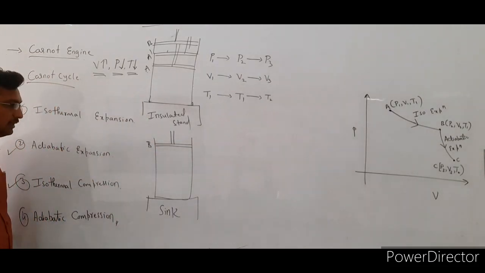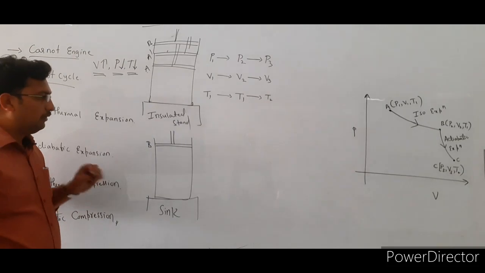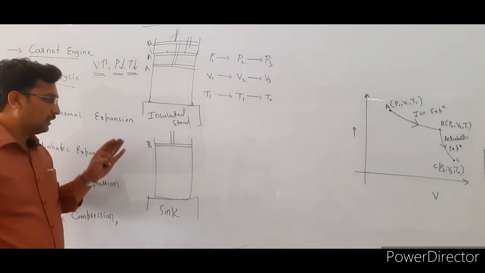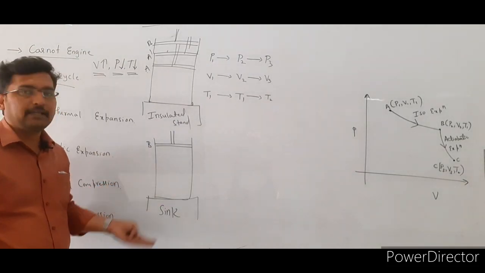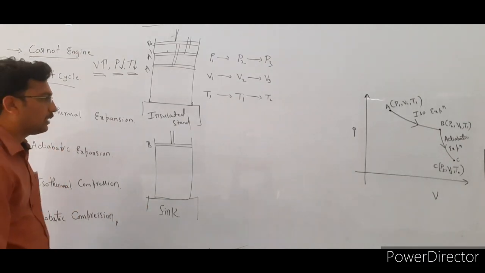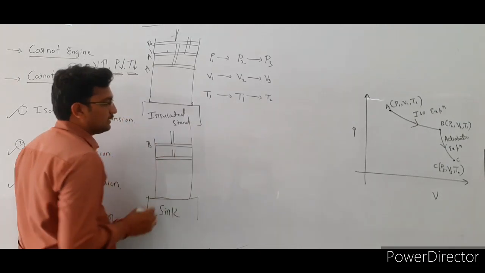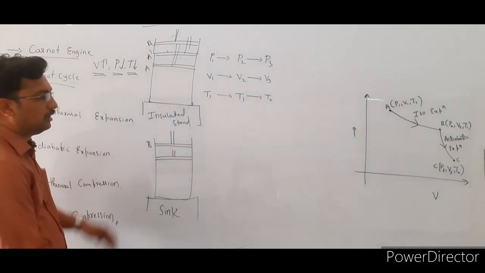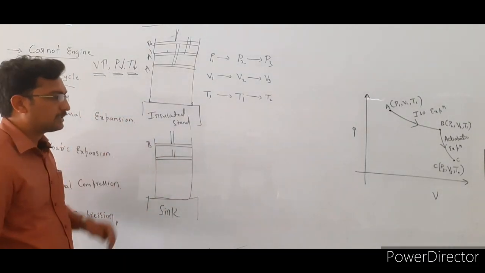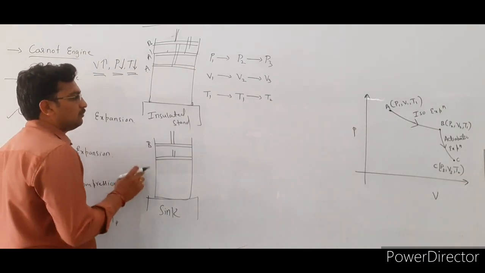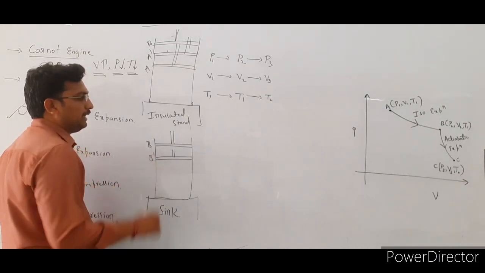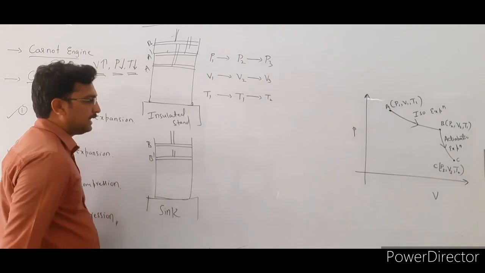Okay, so after that we are going to compress the gas. We are going to compress this cylinder isothermally. So in that case the volume of this cylinder decreases. So here we are going to compress the working substance. The piston moves from B to B dash position.